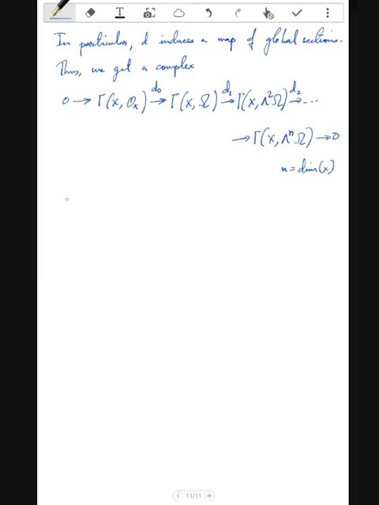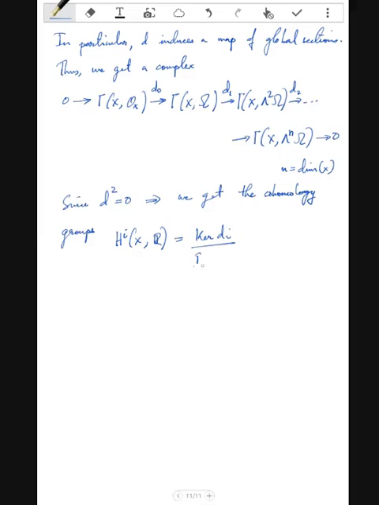So since d square is equal to 0, we get the cohomology groups. H i of x comma R is equal to the kernel of d i modulo the image of d i minus 1.